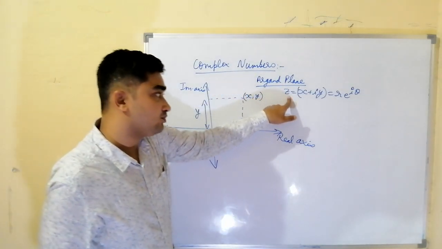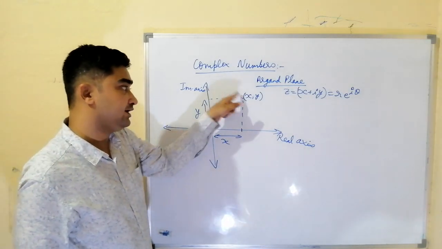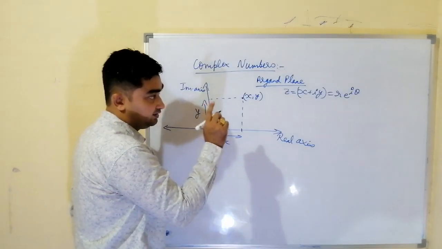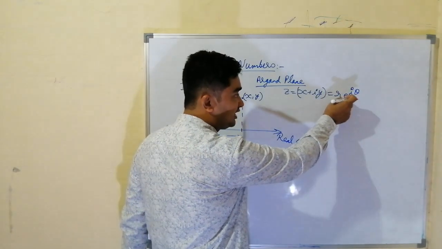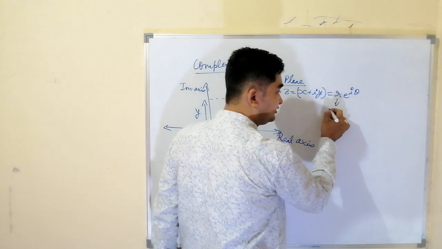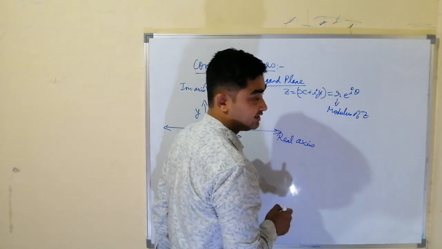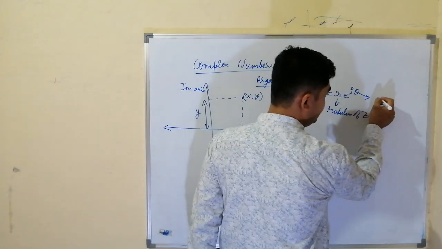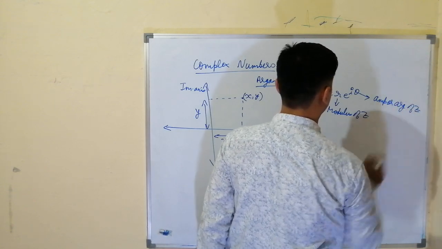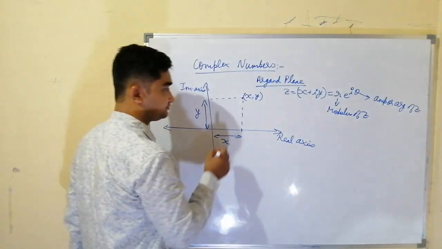That means every complex number is a point in the Argand plane. Now, we are saying that it can also be written as r into e power iota theta, where r is the modulus of the complex number z, and theta is the amplitude or argument of z.